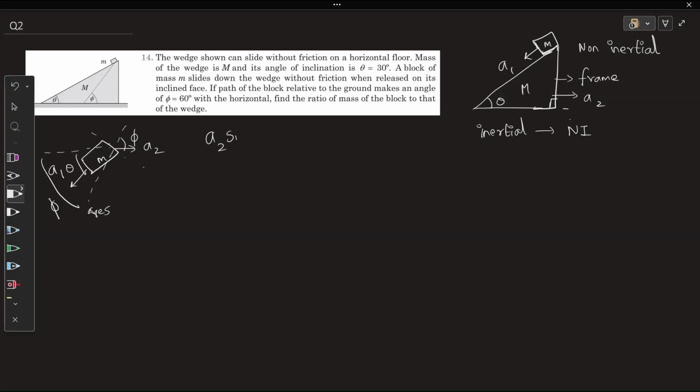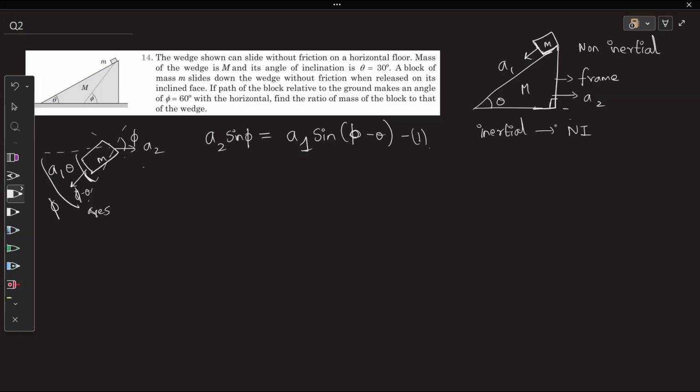So A2 sine phi in this direction is equal to this whole thing. What is this thing? Psi minus theta. So A1 into sine of psi minus theta. This is the first equation I am getting.